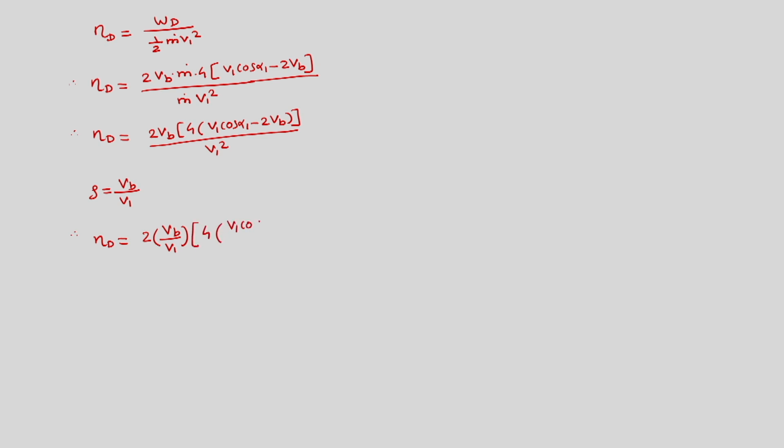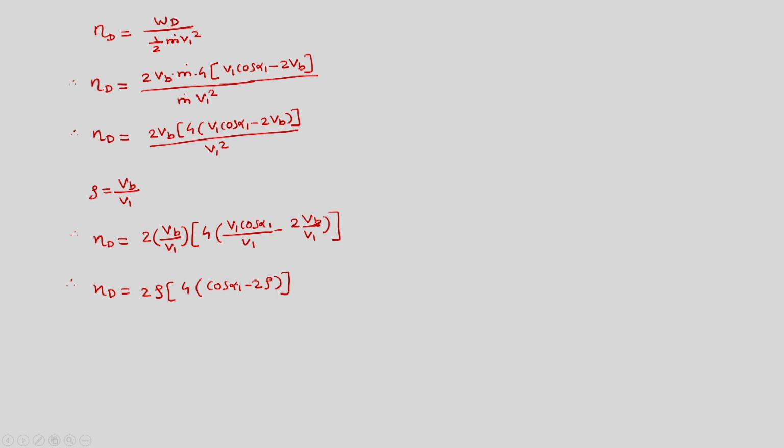So V1 cos alpha 1 divided by V1 minus twice Vb upon V1. So we have diagram efficiency as twice rho into (4 cos alpha 1 minus twice rho).